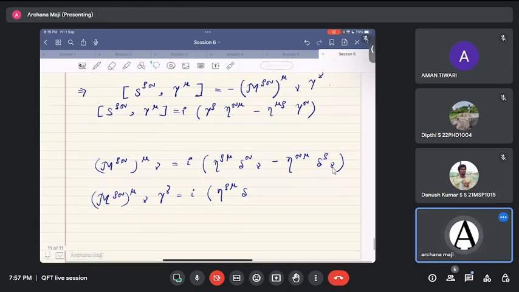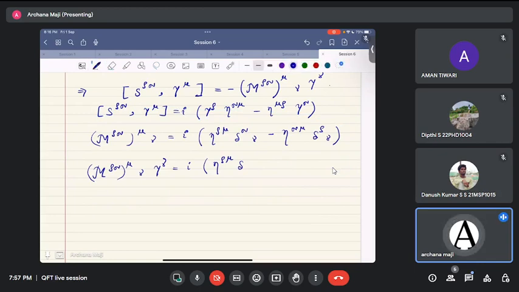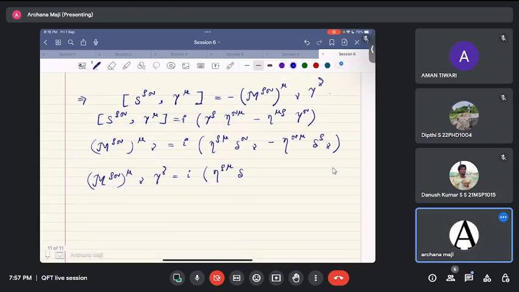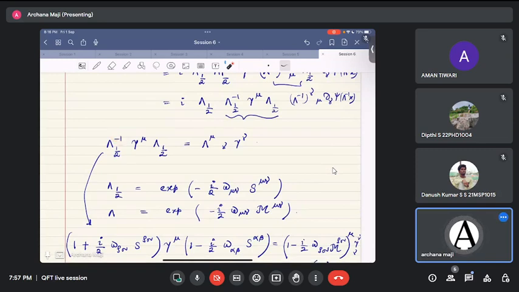Okay, and so when I multiply by gamma_nu, it becomes gamma^sigma minus eta^sigma mu, gamma_nu will become gamma^rho. Okay, so you can see that we indeed have this particular relation. Which further implies that lambda inverse half gamma^mu lambda half is lambda^mu_nu gamma^nu. So it also has an implication. It implies that gamma^mu transforms like a vector.